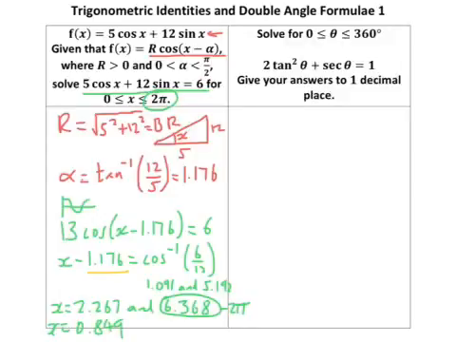Now then, the second one, we're using a trig identity. We know this one: sine squared x plus cos squared x equals 1.